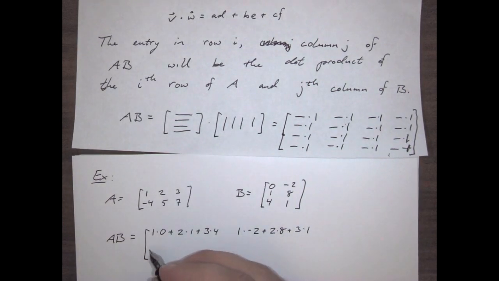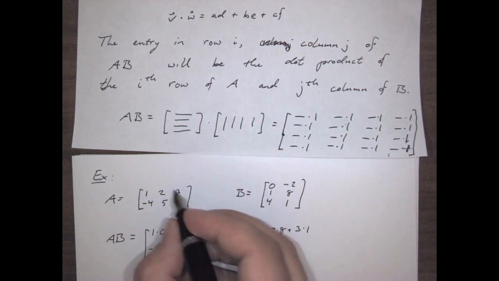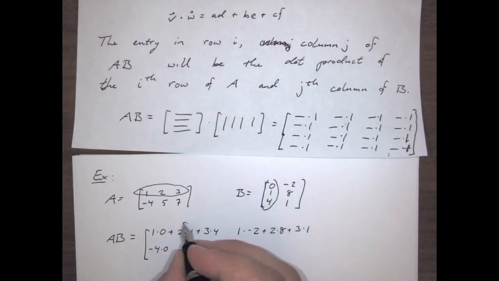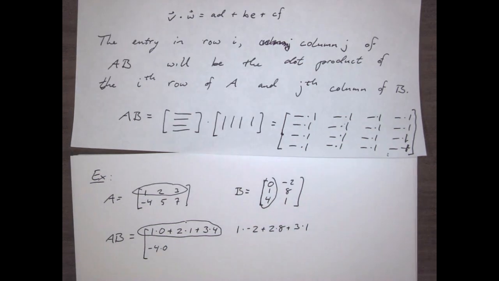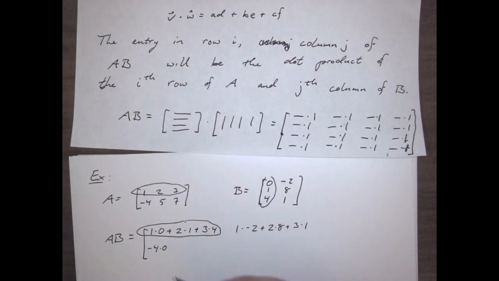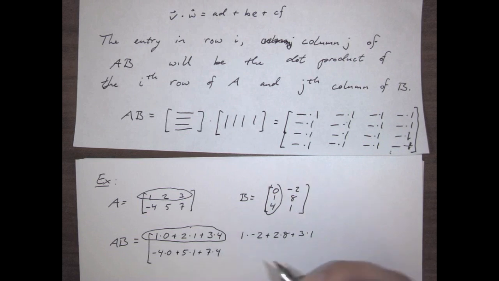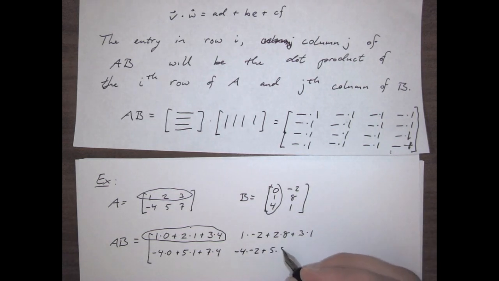And then we're going to have -4 times 0 plus 5 times 1 plus 7 times 4. And then we have -4 times -2 plus 5 times 8 plus 7 times 1.